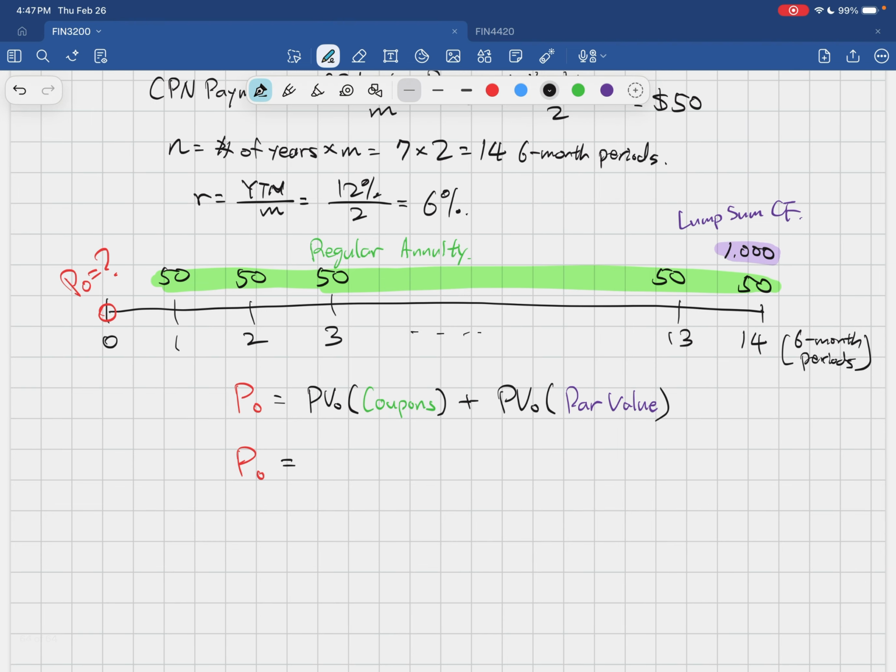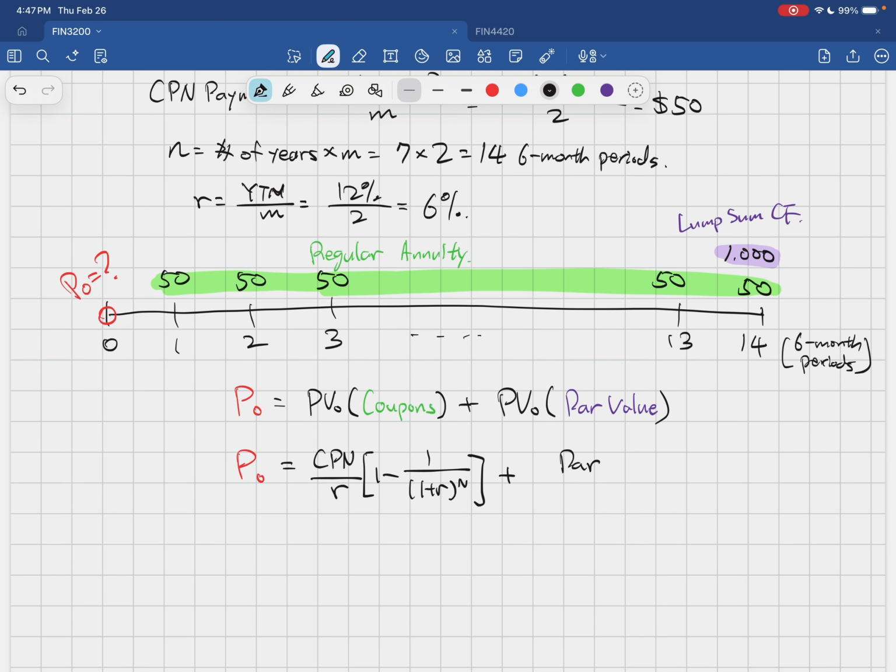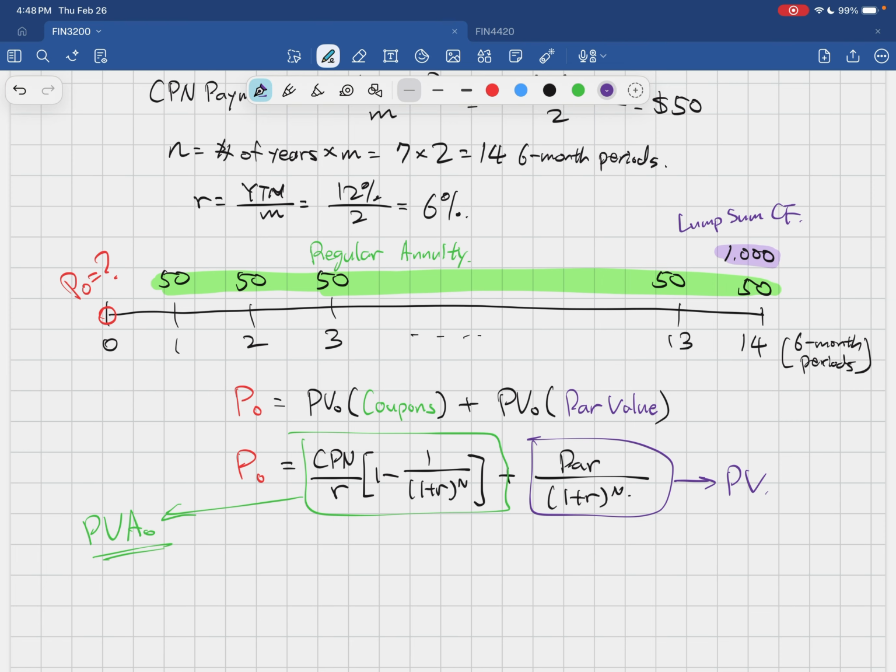So we'll use the PVA formula, present value of an annuity formula, which looks like this. Plus, we'll get the present value of this par value, par over 1 plus R to the N. Okay. So again, just to show you, this is the present value of an annuity formula, and this is the PV of a single cash flow, lump sum cash flow formula.